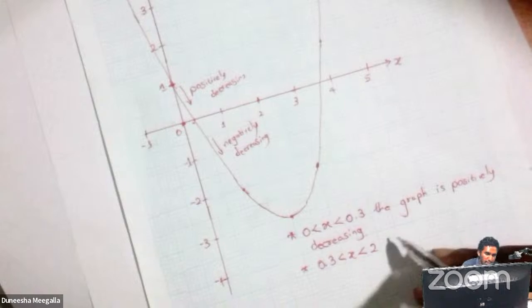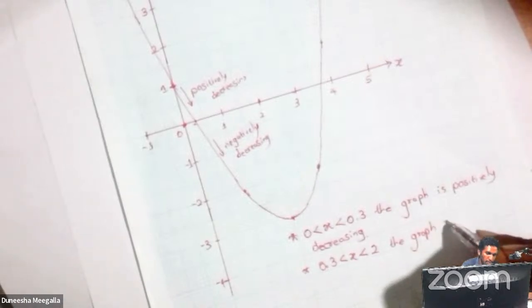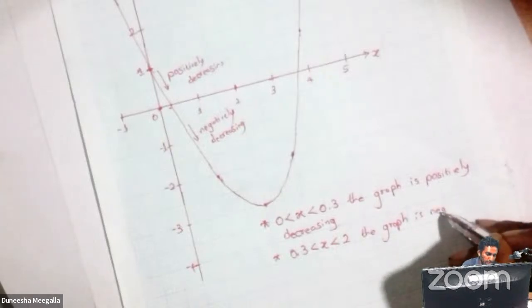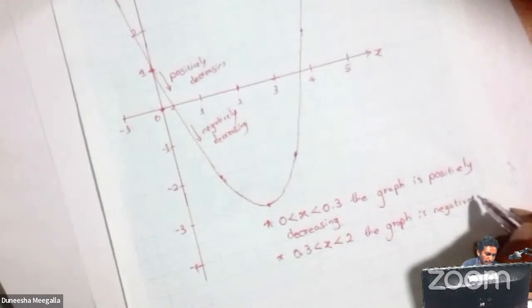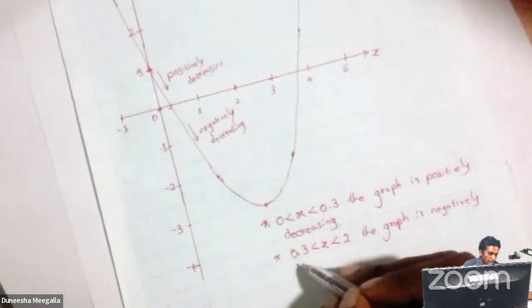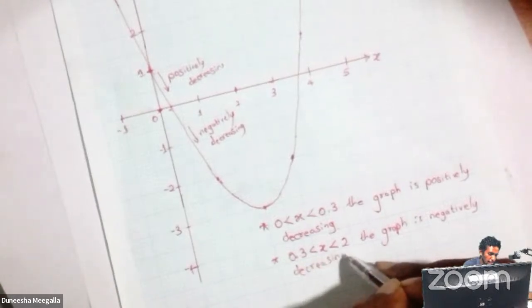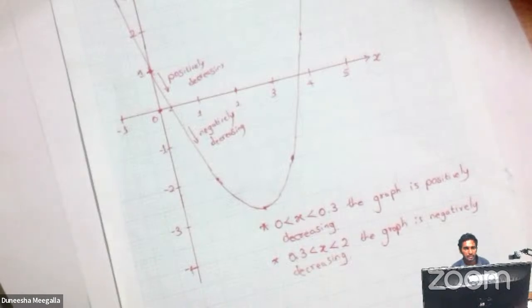The graph is negatively decreasing. Okay, now we have described it. Can you describe like this? Can you understand it?